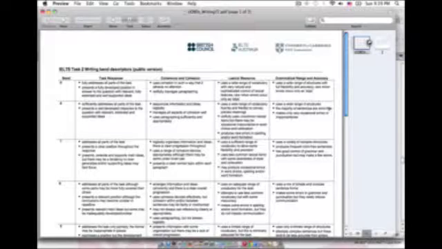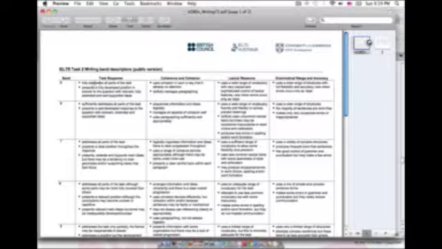And this file is available from IELTS.org. I will post a link to it from this blog post as well. So let's take a look at the band descriptors together.